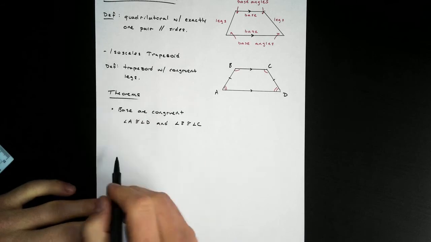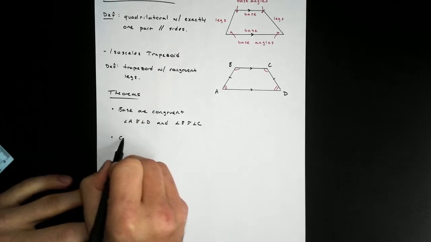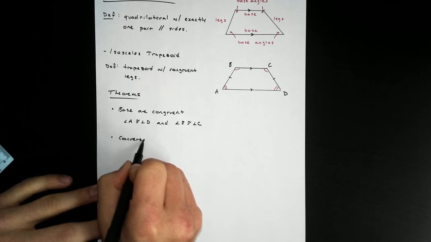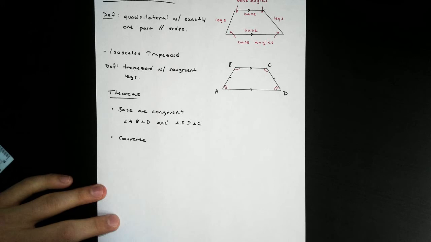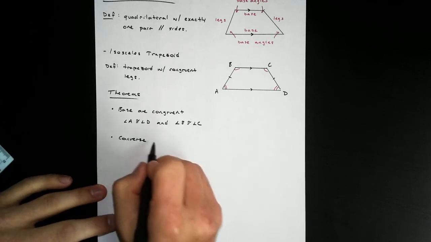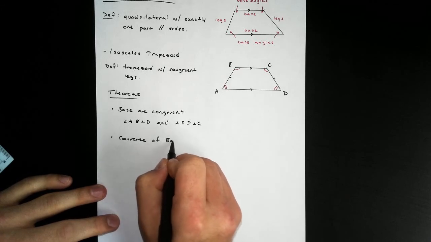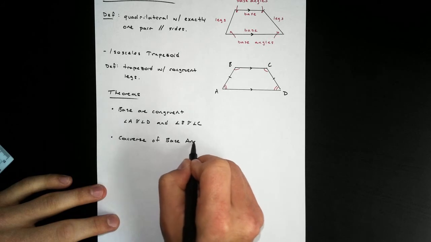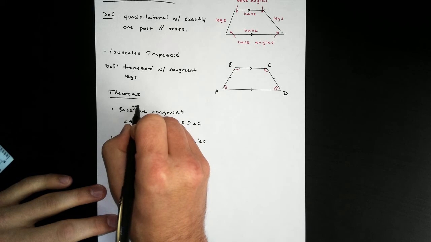And the converse to this is actually true. So if we know that we have an isosceles trapezoid, that means that these base angles are congruent, but it also works backwards. So if I have a trapezoid, forgot I should put angles in here.